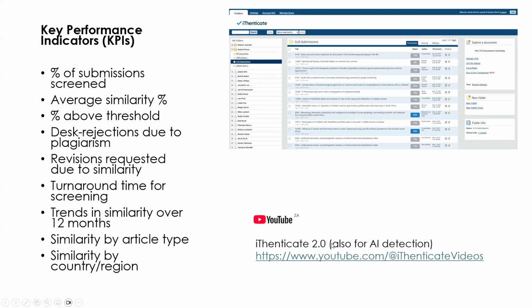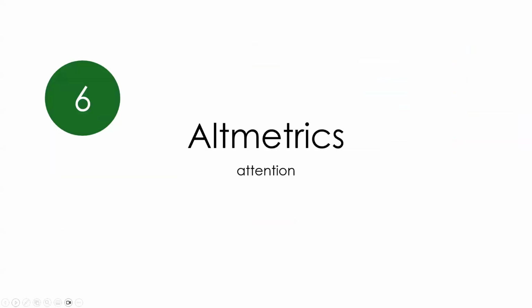Anyways, should you have access to the 2.0 version, there are many Authenticate videos, but you can see some statistics there underneath, and also, of course, capture manual statistics when you capture plagiarism statistics.